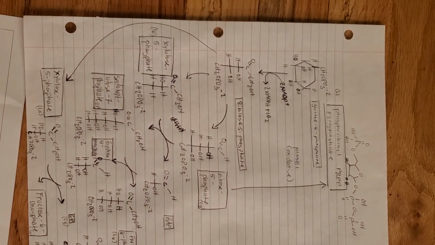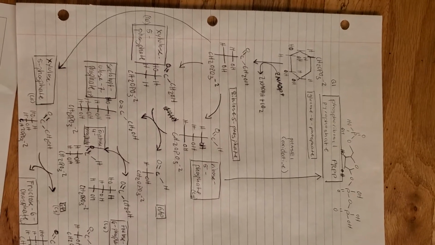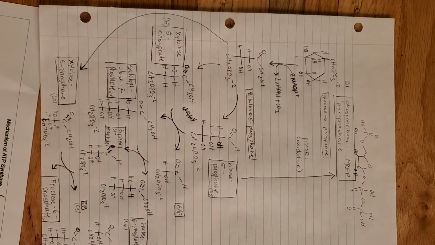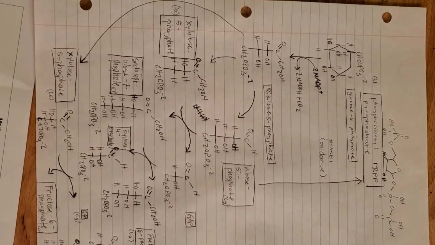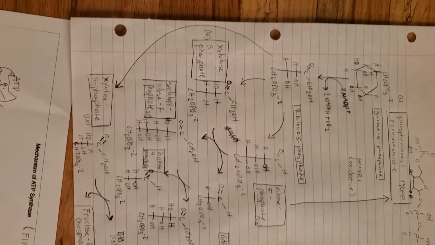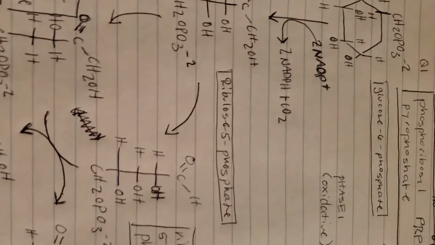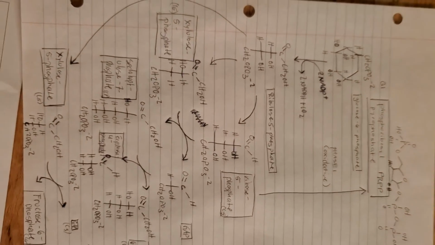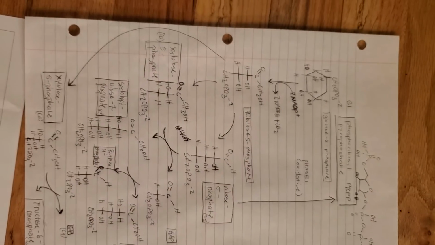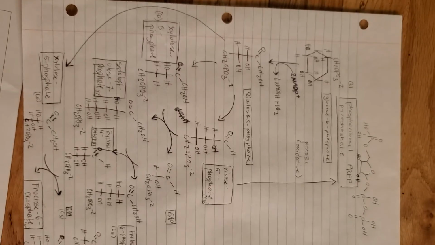So this generates NADPH, which is a precursor, and pentoses, or 5-carbon sugars. So R5P is really important, as depicted here. Ribose 5-phosphate is a very, very important precursor for nucleotide synthesis.